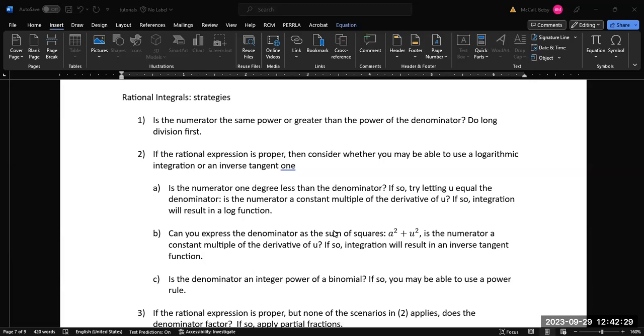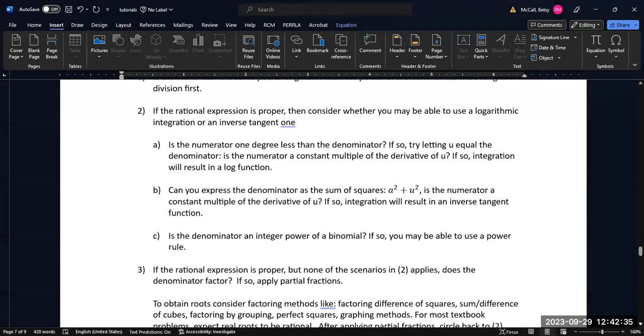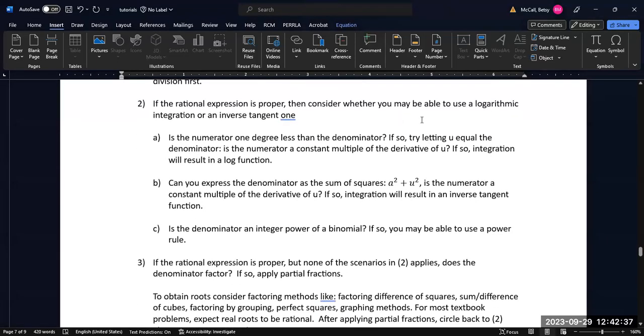Now, once you get your rational expression into a proper form, then you want to consider possible u-substitutions. U-substitutions are going to be easier than doing partial fractions or other things like that. So you want to see if that's at all possible.